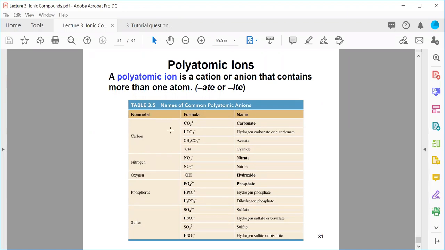These are charged molecules, all charged molecules. So what differentiates these polyatomic ions from the ionic compounds that we've looked at? So the difference between these ions and something like sodium chloride, for example.